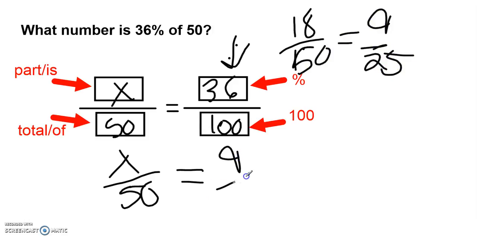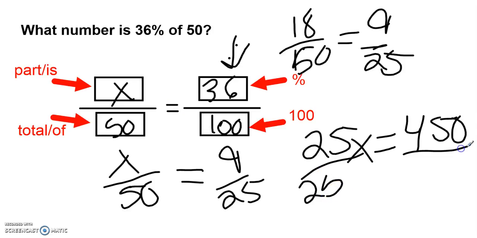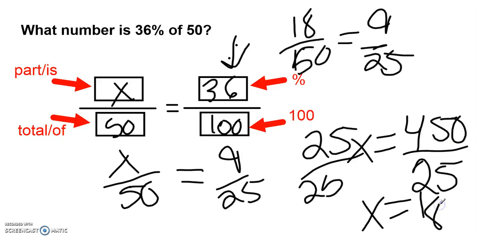Okay, so 9 over 25. So that is going to be 25x, if I cross multiply, equals 450. And if I divide that by 25 and this by 25, I'm going to get x equals 18. And so what number is 36% of 50? And that's going to be 18. Okay?